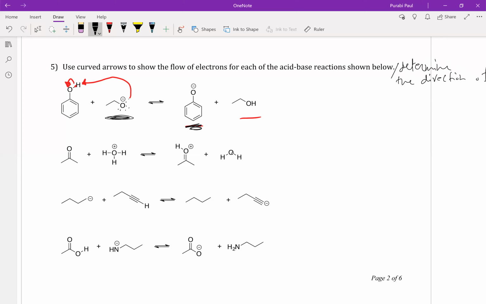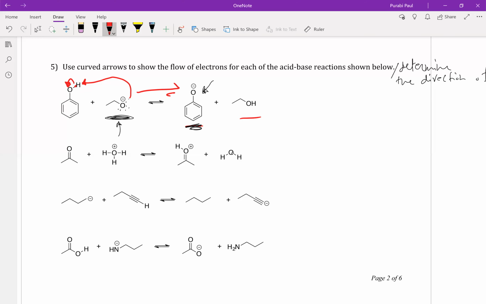So the more stable O minus is the one on the right, this one right here. And why is that? It's because that O minus has resonance that is stabilizing the negative charge, okay? Versus the O minus right here, it doesn't have any resonance, right? Because it doesn't have any resonance, that means that the O minus on the left is not stable. The O minus on the right is stable. Thus, this reaction is going to favor the direction where the negative charge is more stable, okay?